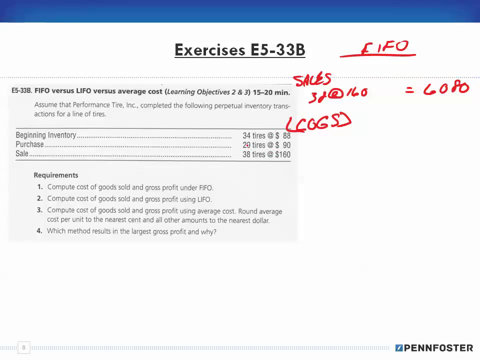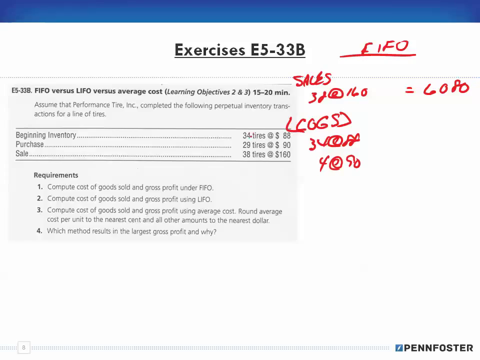We had a beginning inventory of 34 at 88, and now we're adding in our purchases, 29 at 90.